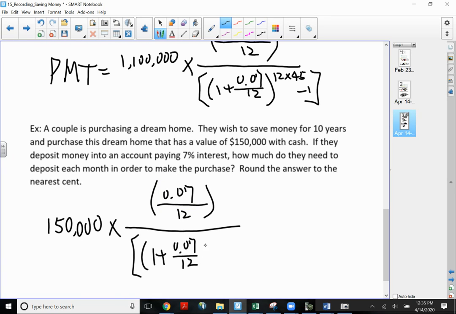They only want to save it for 10 years, so that will be 12 times 10, 120 payments, minus 1.